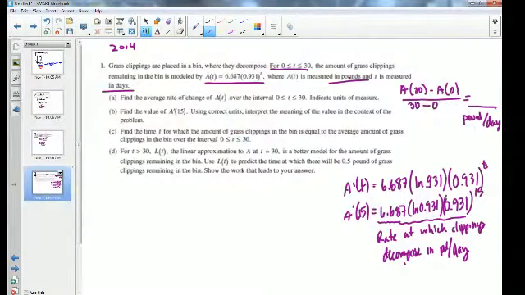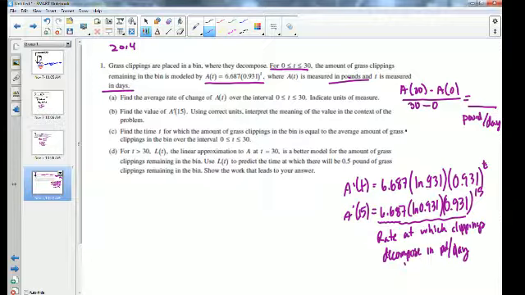You probably want to use the word increasing or decreasing as well, depending on positive or negative. So grass clippings decompose at, well, I guess a decreasing rate. We'll get more into that later, but just thinking through, right?